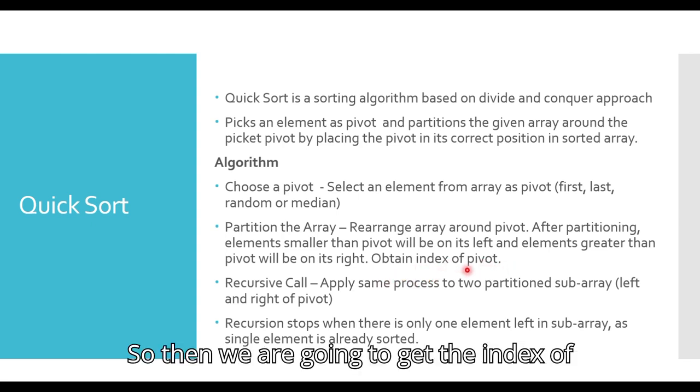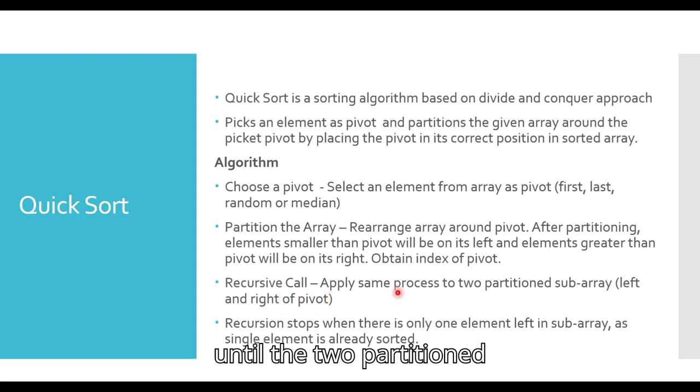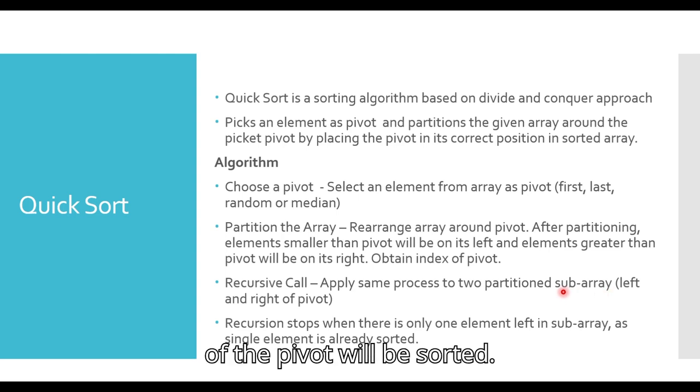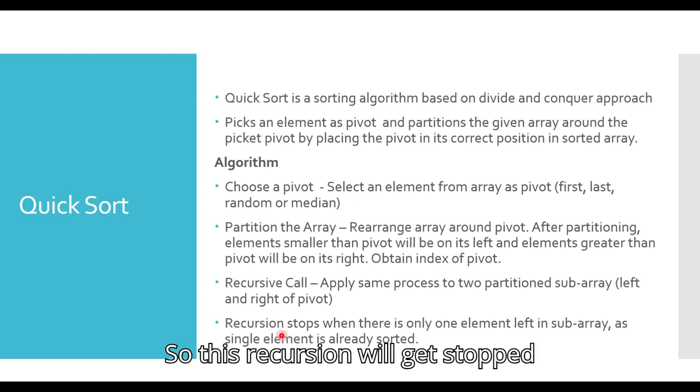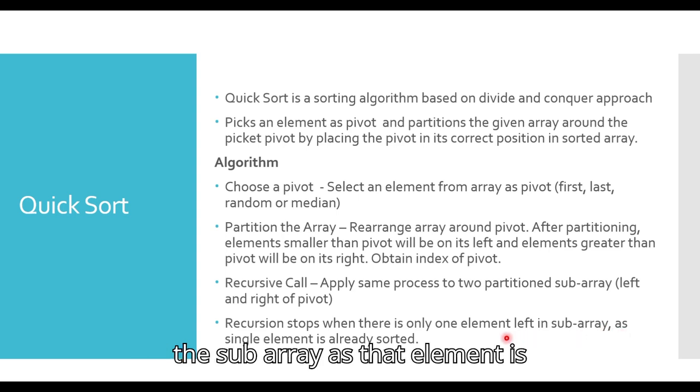Then we get the index of the pivot and make recursive calls until the two partitioned subarrays, the left side and right side of the pivot, are sorted. The recursion stops only when there is one element left in the subarray, as that element is already sorted.